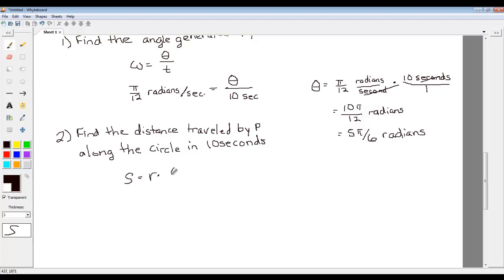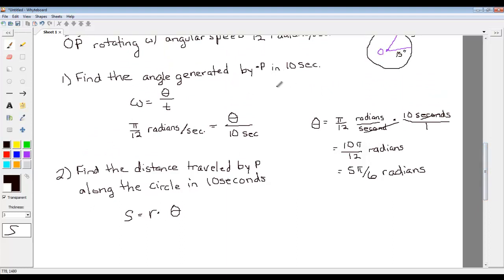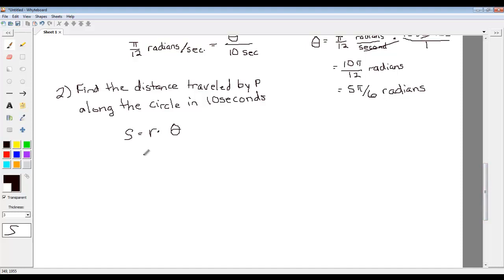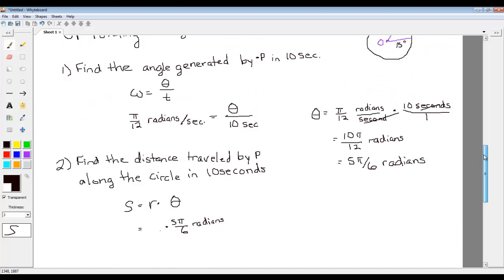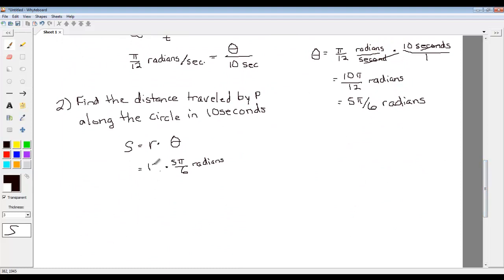Because we just found out that as point P is traveling, the angle generated in 10 seconds would be 5 pi over 6 radians. And we can take the radius of 15 inches and multiply that. Since radians isn't really a unit of measure, when you multiply these two together, your answer is going to be in inches.